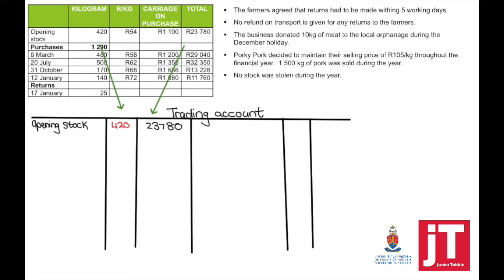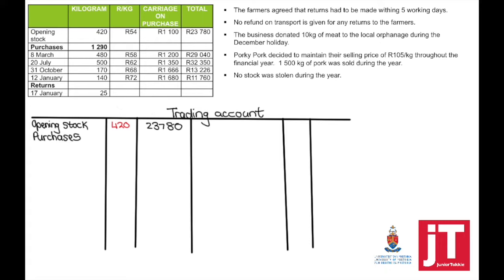So in my trading account, using the periodic inventory system, we would always have the opening stock on the debit side. So we're going to show the number of units, which is kilograms, and what was the total opening stock. Your opening stock will normally include your carriage on purchases as well, plus purchases.